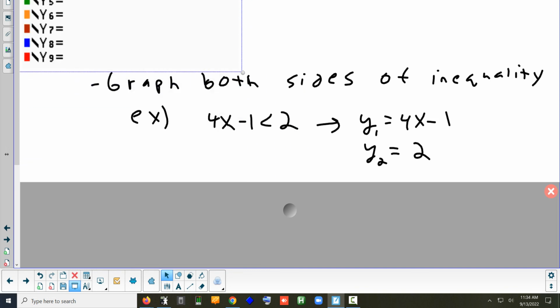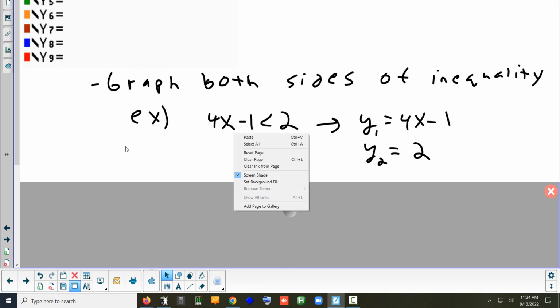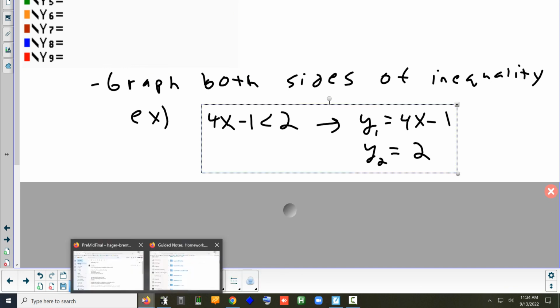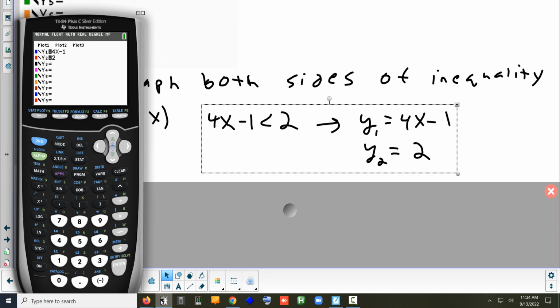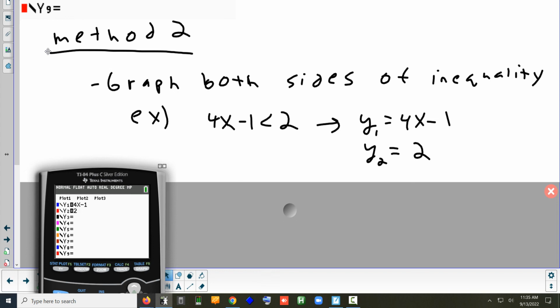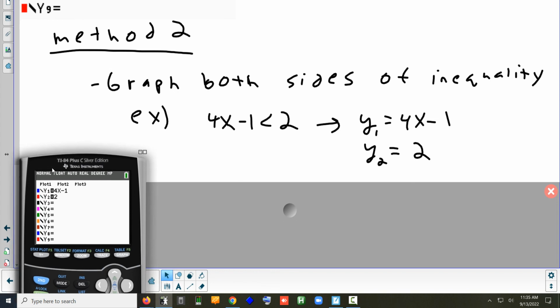Now, I'm looking for where the 4x minus 1 is under the number 2. So in other words, I'm looking for where the blue graph is under the red graph. Is this the second method here? Yep. Method 2. So I'm going to hit graph. And what do you think I'm going to calculate this time?